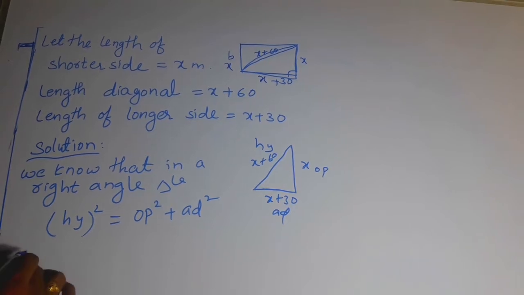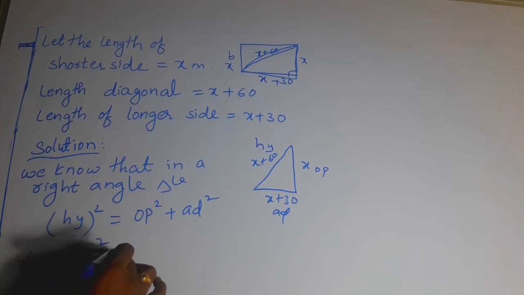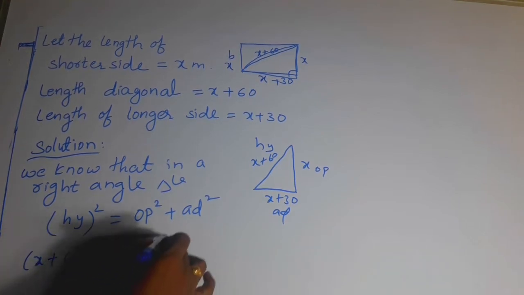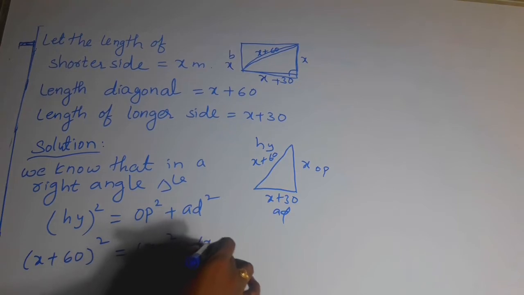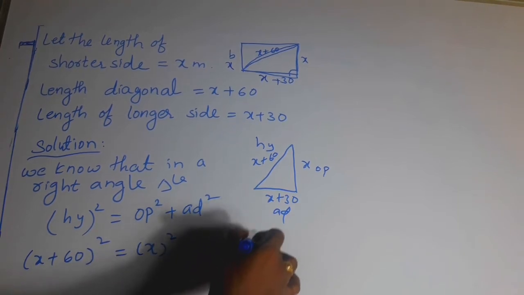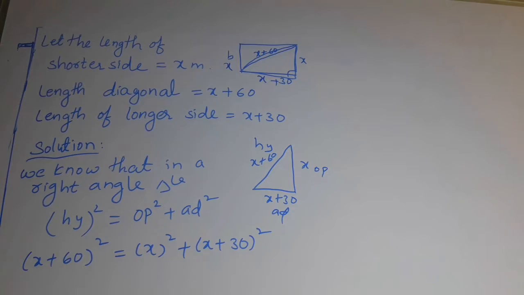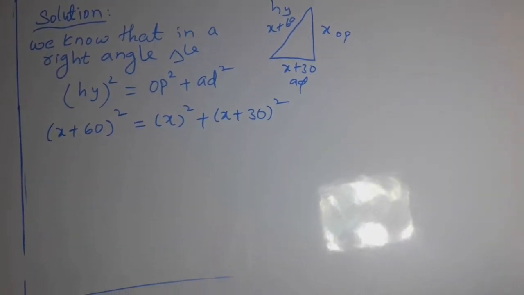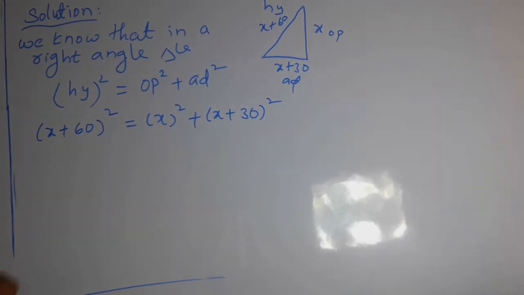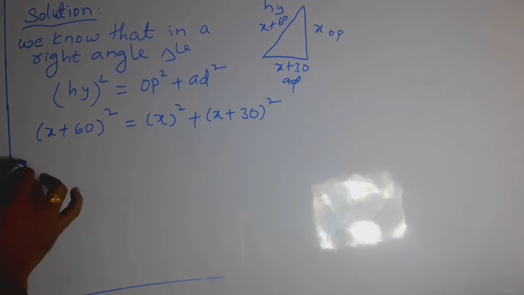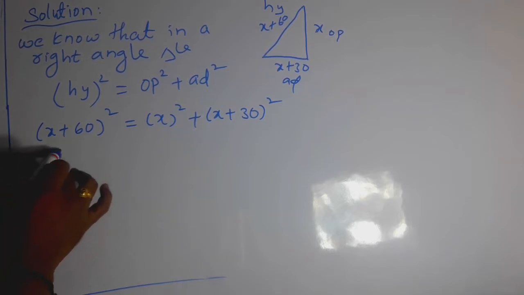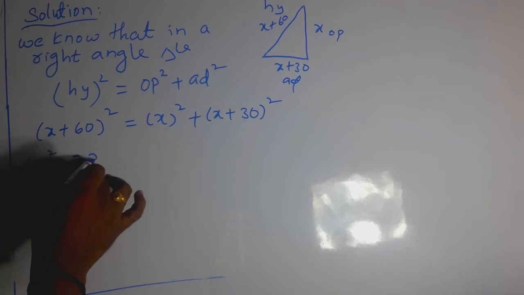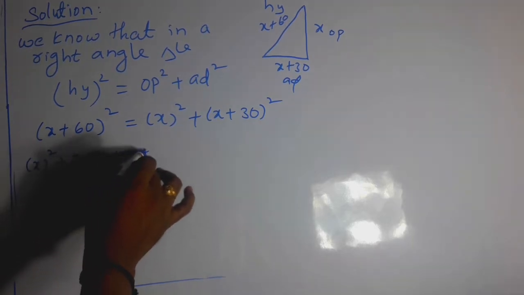Here the hypotenuse is x plus 60, whole square, is equal to opposite, which is x, square, plus adjacent, which is x plus 30, whole square. x plus 60 whole square looks like a plus b whole square, so a square plus 2ab plus b square.